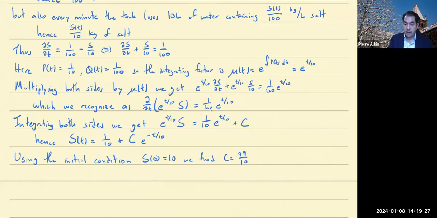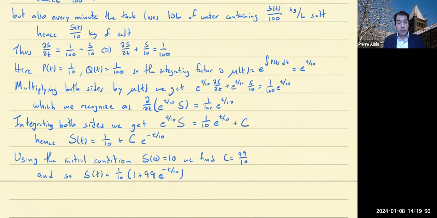Right? 99/10. And so S of t is equal to 1/10 times 1 plus 99 e to the minus t over 10. Okay, so that is the total amount of salt at time t.